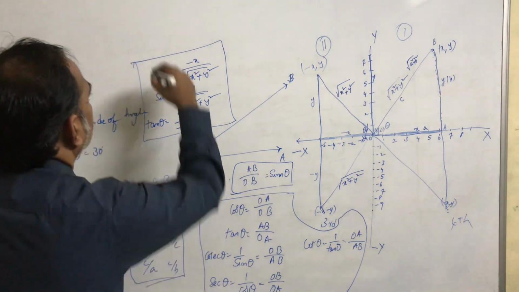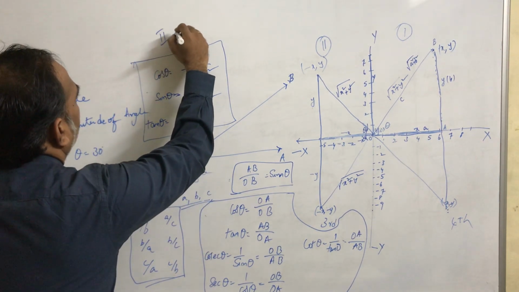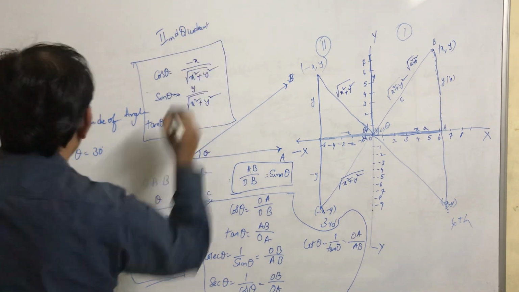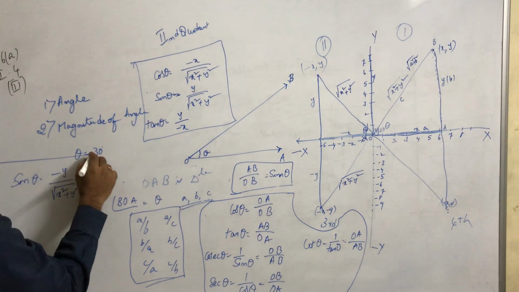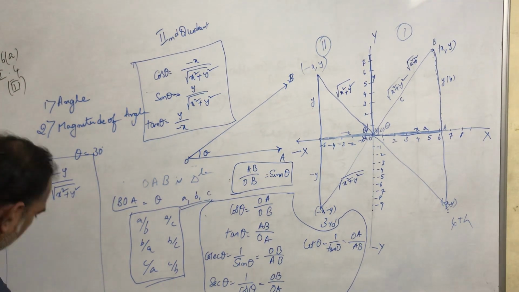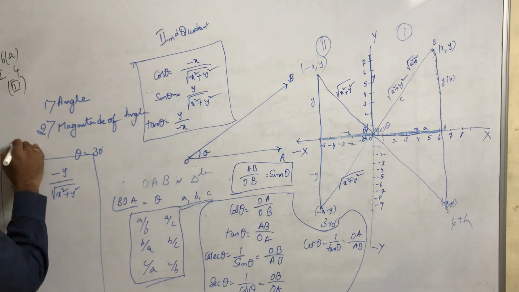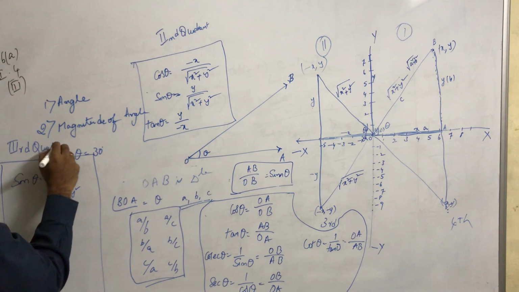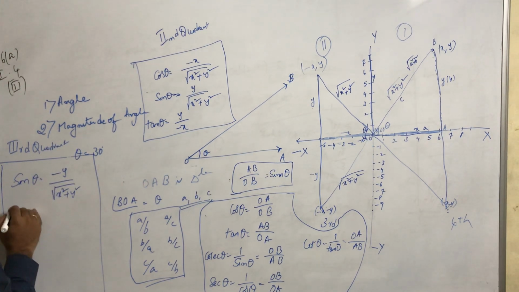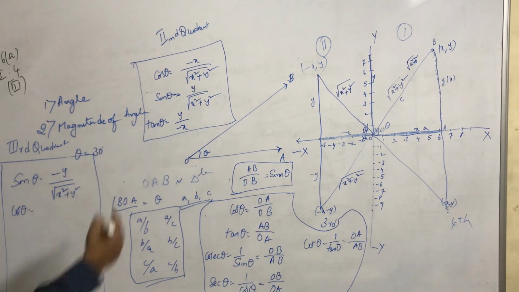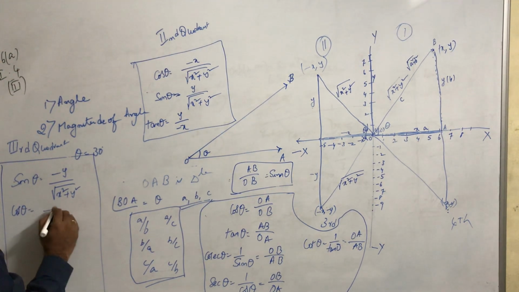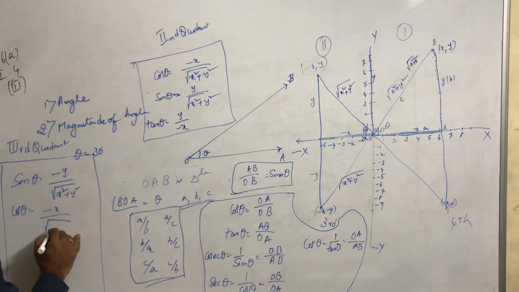I will write over here: this is for the second quadrant, and this is for the third quadrant. I will write the ratios for the third quadrant. Cos theta is what? Adjacent side is minus x divided by square root of x square plus y square.